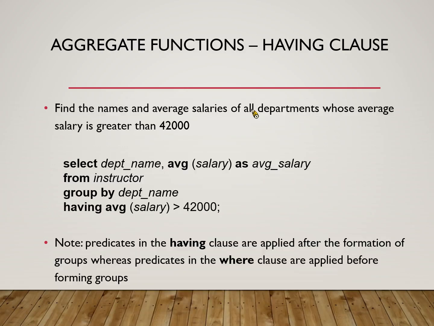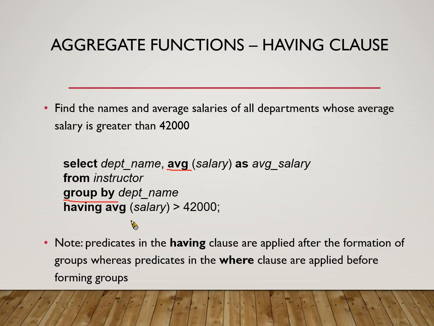We also can use the having clause to filter the results of aggregate functions combined with group by. For example, find the names and average salaries of all departments whose average salary is greater than $42,000. We have learned how to combine the group by clause with an aggregate function.